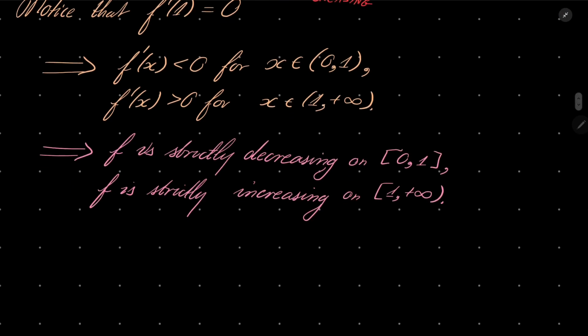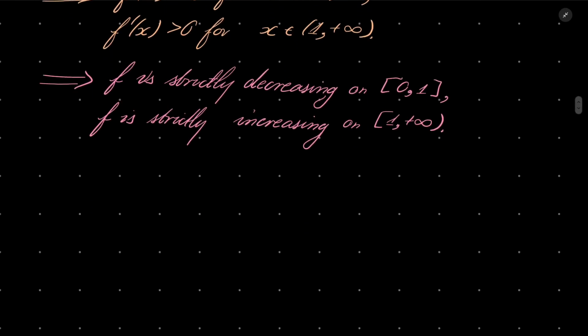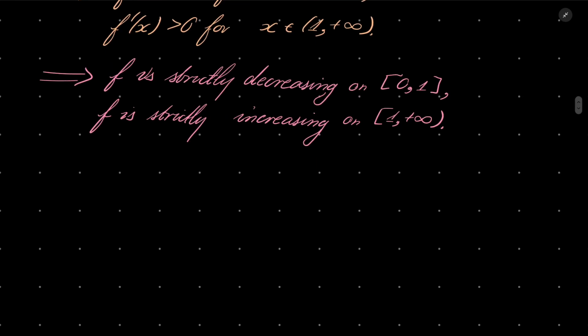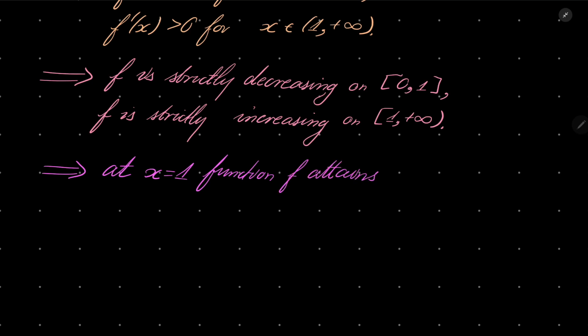And that means that at x equals 1, our function attains its minimum, its global minimum. So write it. At x equals 1, function f attains its minimum.